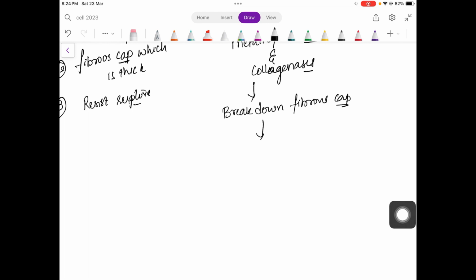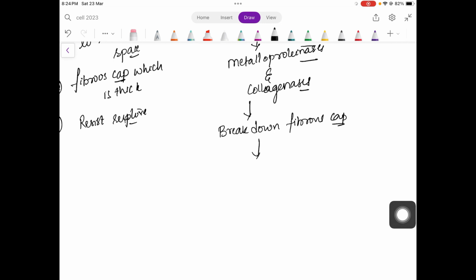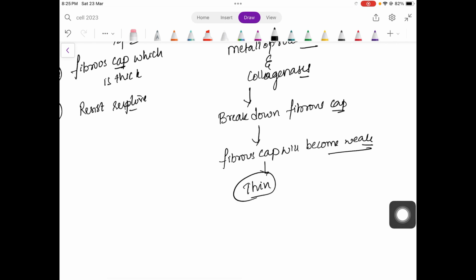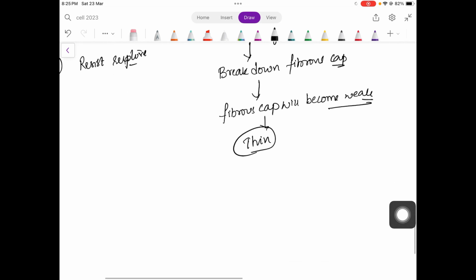The collagen will be broken down into simpler structures. So this fibrous cap will become weak and it will become thin. The thin fibrous cap, due to the blood flow, will rupture.